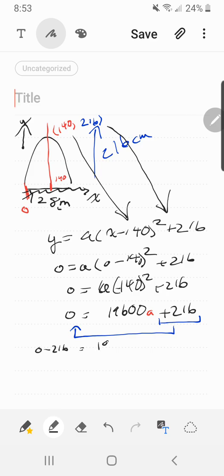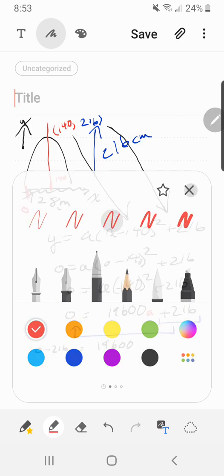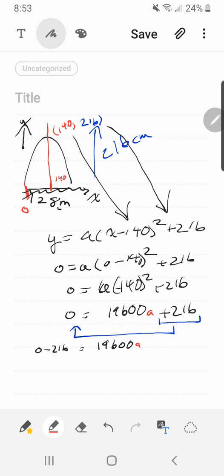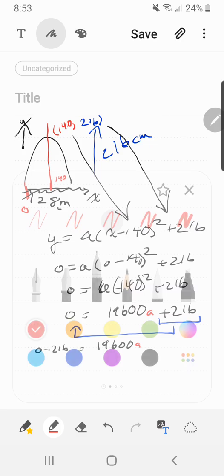So that means we have 19,600 with the letter A in red. So maybe on a test, what you should do is, when you're solving for A, do that in a different color so that you don't end up doing craziness like taking 216 and adding it to 19,600, which is not correct.